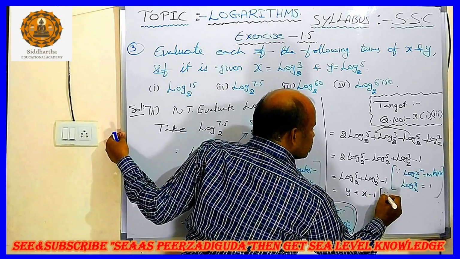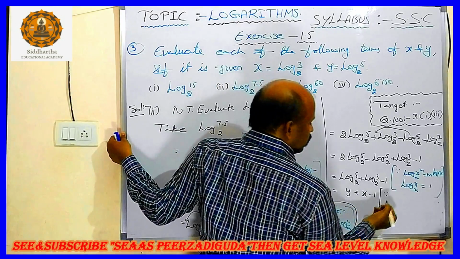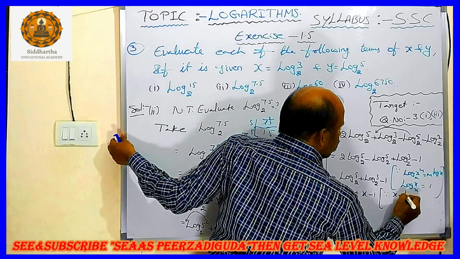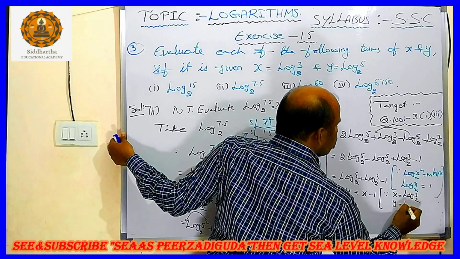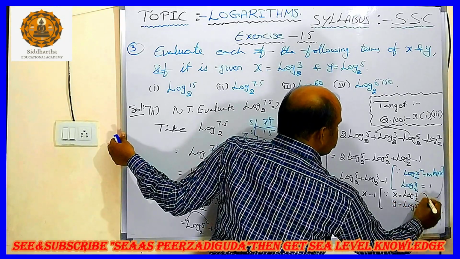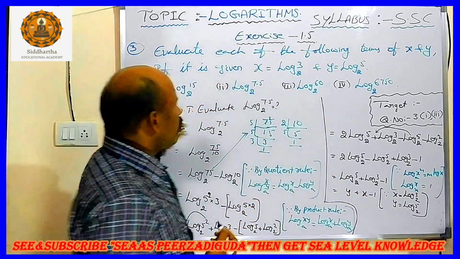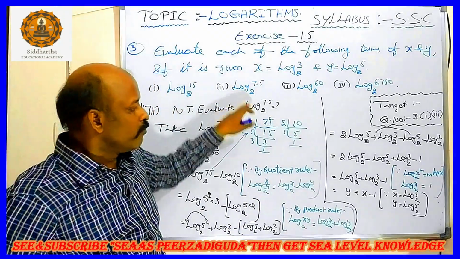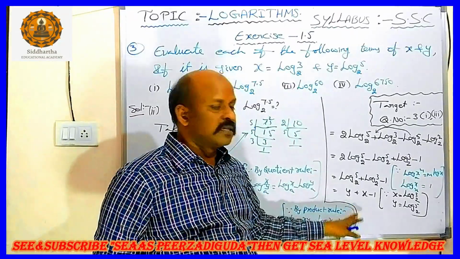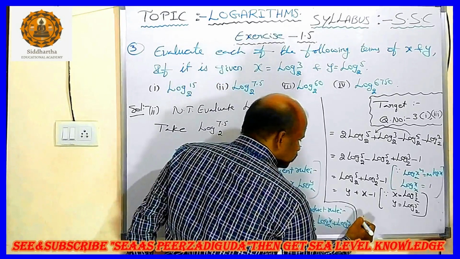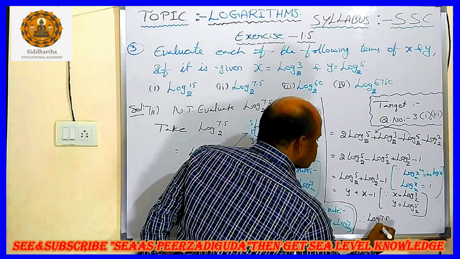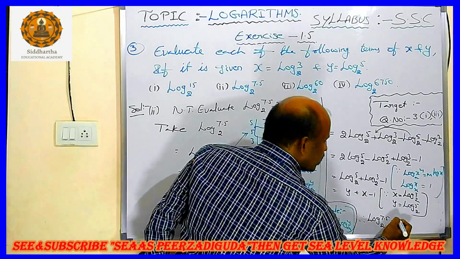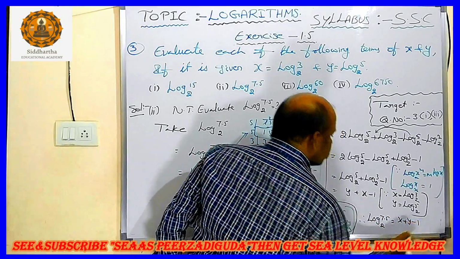Since x is equal to log 3 base 2 and y is equal to log 5 base 2, we wrote log 7.5 base 2 in terms of x and y. Therefore log 7.5 base 2 is equal to x plus y minus 1.